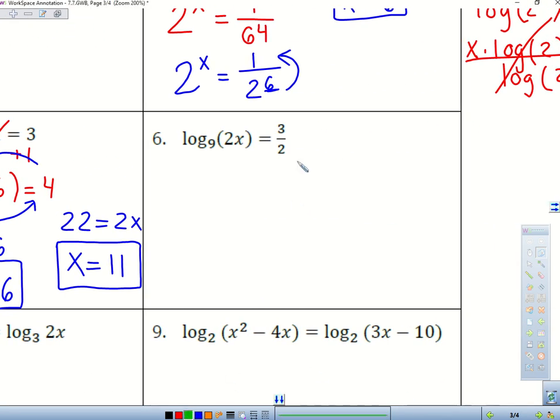What do you think we're going to do here first? Move the 9. Good. We're going to use the arrows, right? Recycling. Always recycle your logs. And then what?